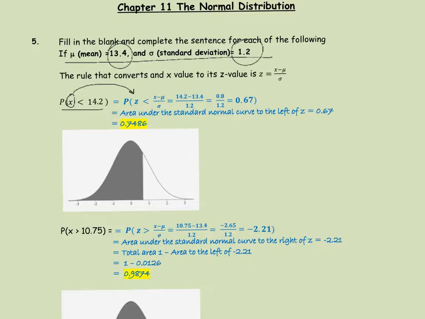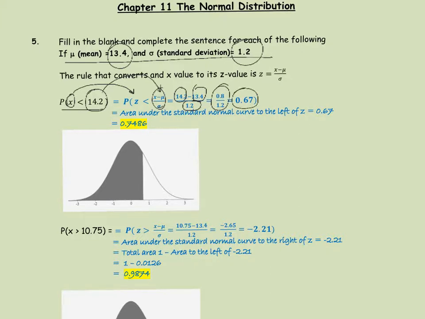So this is our x value, and that also has to be changed to its z value, and the formula that is used is x minus mu divided by sigma. So x is 14.2 minus 13.4, which is the mean, divided by standard deviation 1.2. When I simplify, I get 0.67.